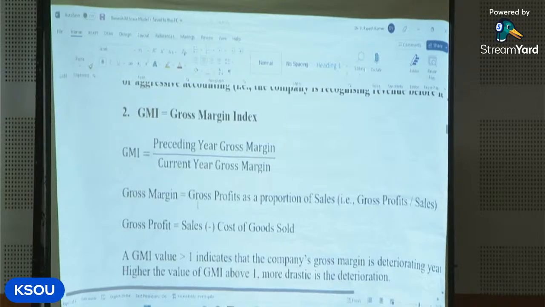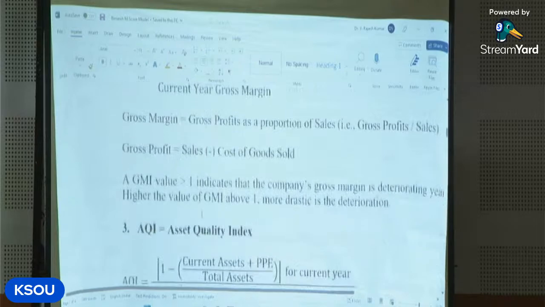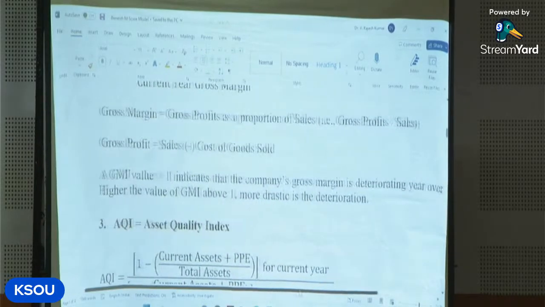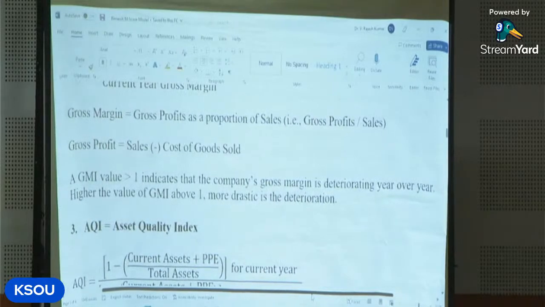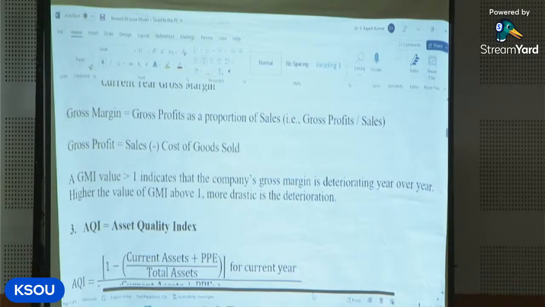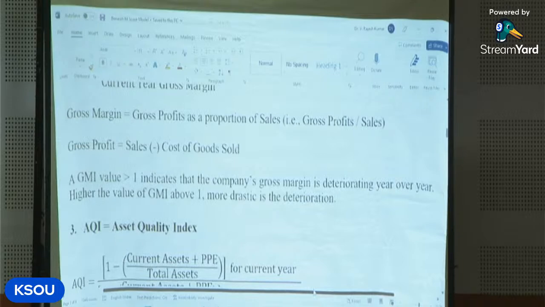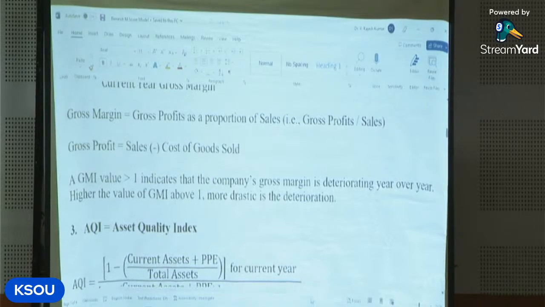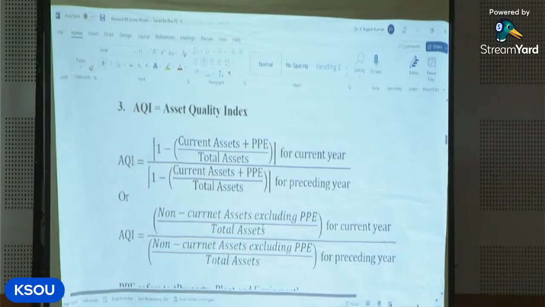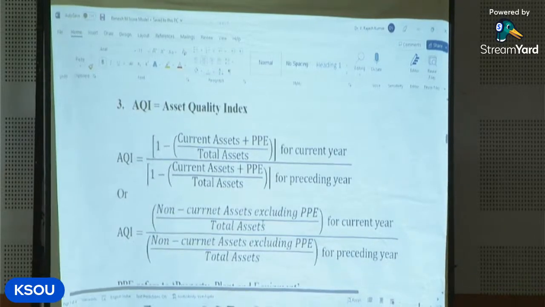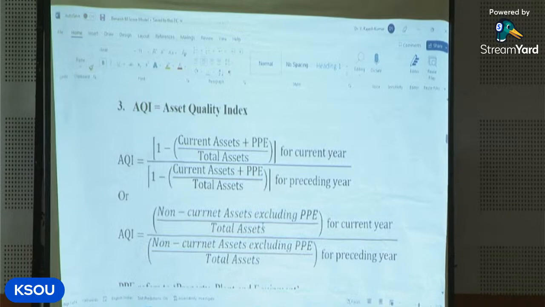Not good, correct? Means this year it is less compared to last year. Indicates company's gross margin is deteriorating year over year. So the higher the GMI over 1, the more drastic. Less than 1 means this year we are better than last year. Okay. Easy to calculate. All information is available in financial statements. Just compile them in one place, whatever we need, and make the calculations as I am showing.